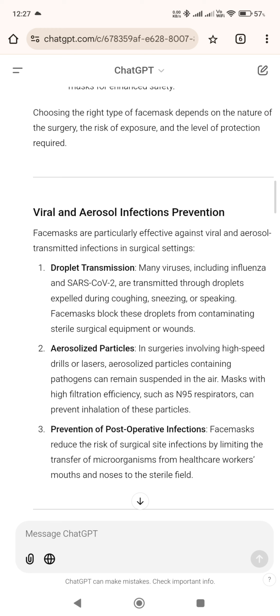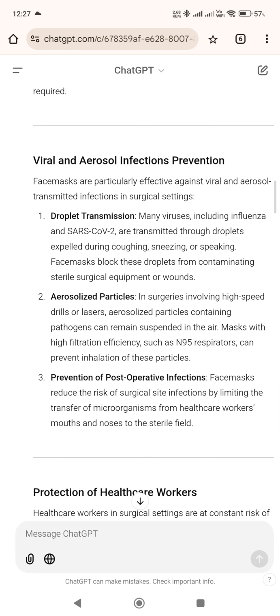Viral and aerosol infections prevention. Face masks are particularly effective against viral and aerosol-transmitted infections in surgical settings. 1. Droplet transmission. Many viruses, including influenza and SARS-CoV-2, are transmitted through droplets expelled during coughing, sneezing, or speaking. Face masks block these droplets from contaminating sterile surgical equipment or wounds. 2. Aerosolized particles.